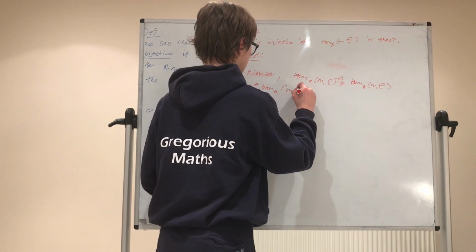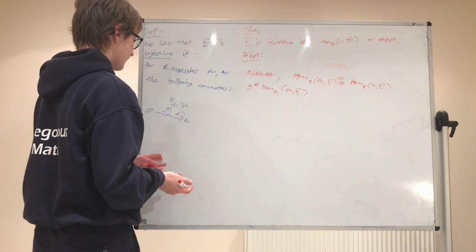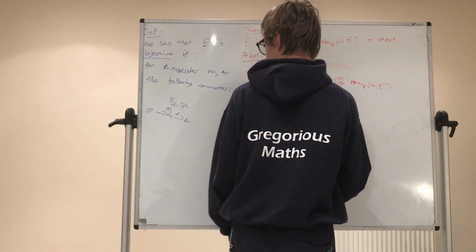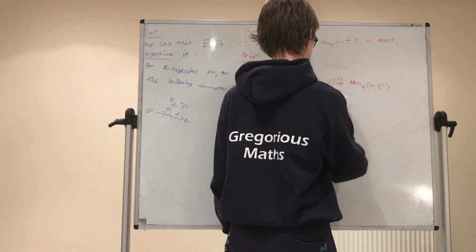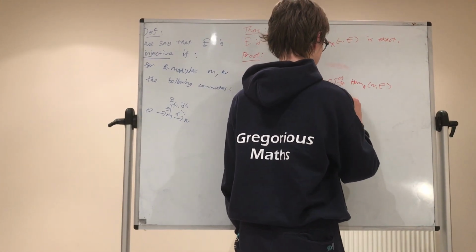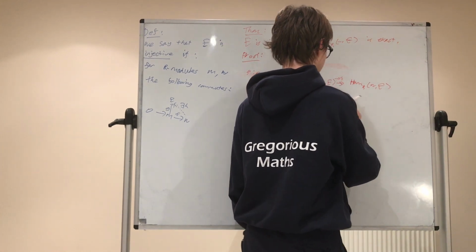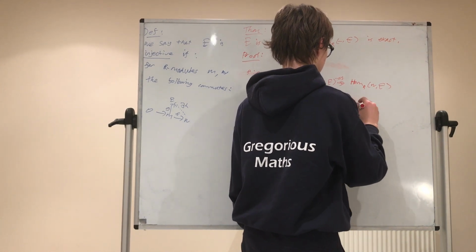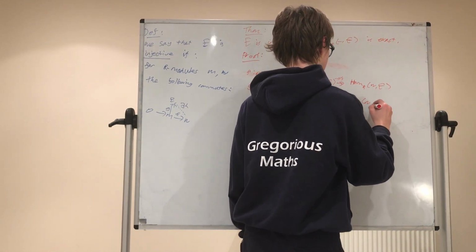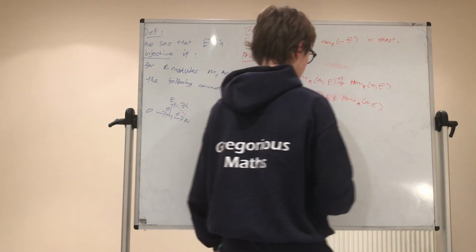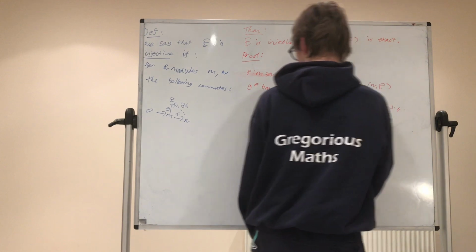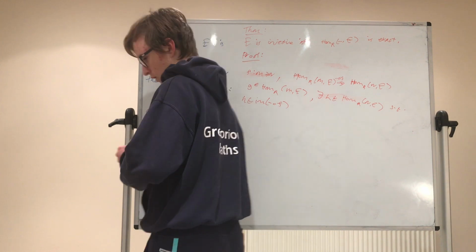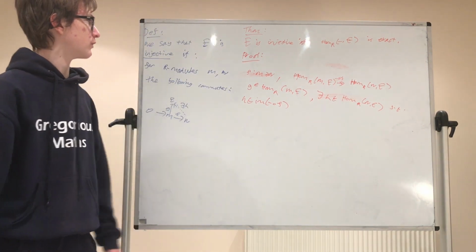For any G in Hom(M, E), we have that G equals H composed with F for some H. So we have that there exists an H in Hom(N, E), again by definition, such that G is in the image of composing with F, and therefore it's a surjection.